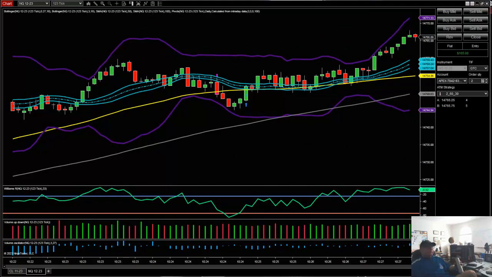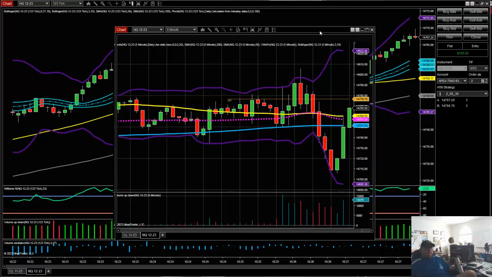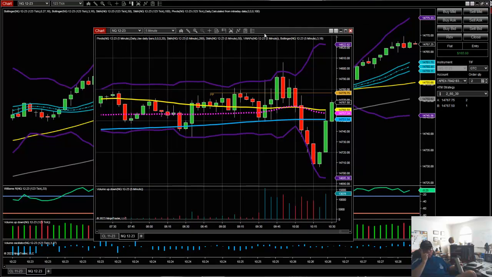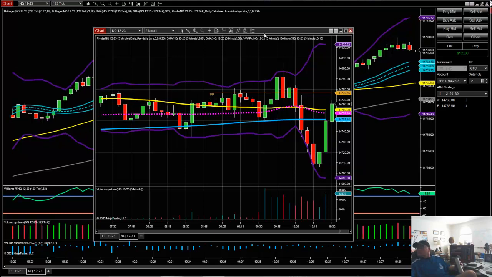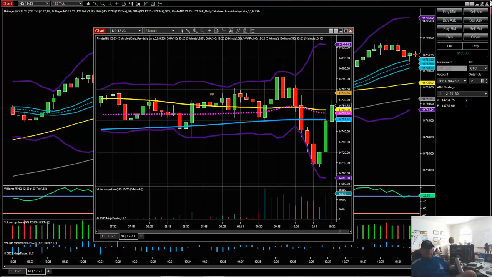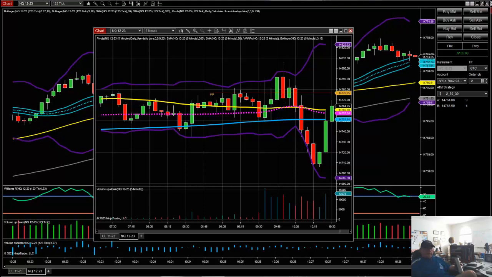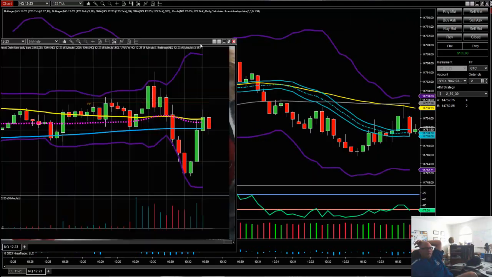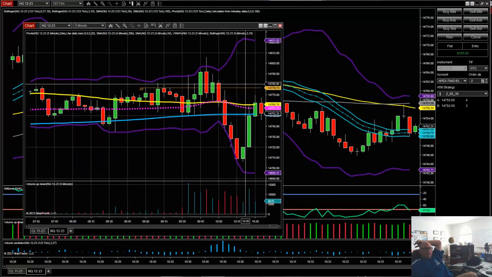Closing in on pivot. Let's pause here. Nothing I want to do right now. Messed it up. Don't really want to join on it right now. Alright, maybe the first red bar since the green bar is coming in.